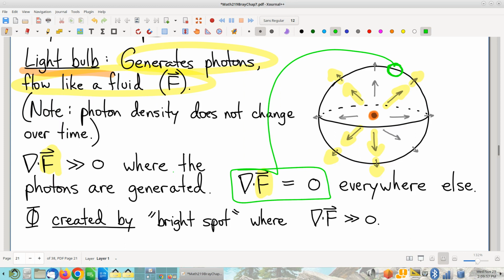Let me try to persuade you why that's actually pretty believable. And in some sense, this kind of has to be 0. Because here's the point. Photons will flow into that little volume. And what's the very next thing that a photon does when it flows into this little volume? Well, it flows right back out. Right?